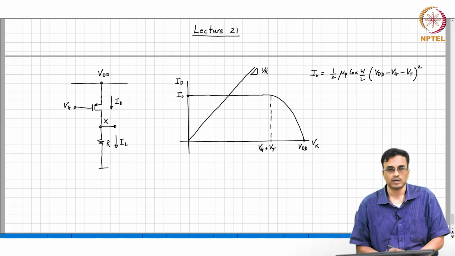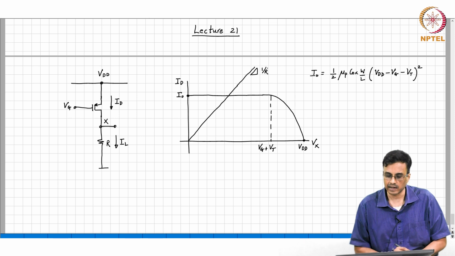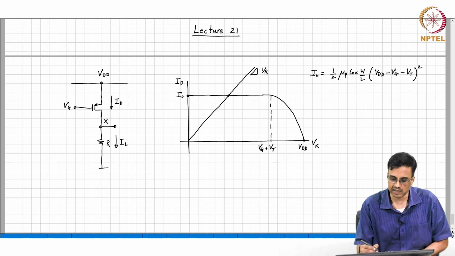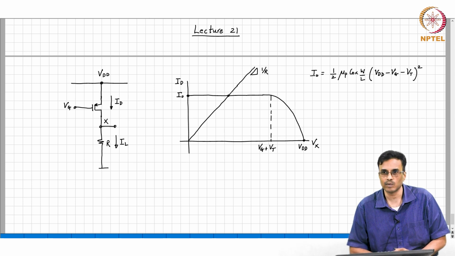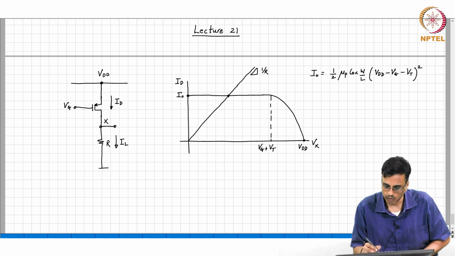What is the operating point? Yeah, the point of intersection, correct. The slope is 1 by r. The y coordinate of the point of intersection is what? I naught. Now let us solve this challenging mathematical problem. Tell me what the x coordinate is? I naught times r. Okay.